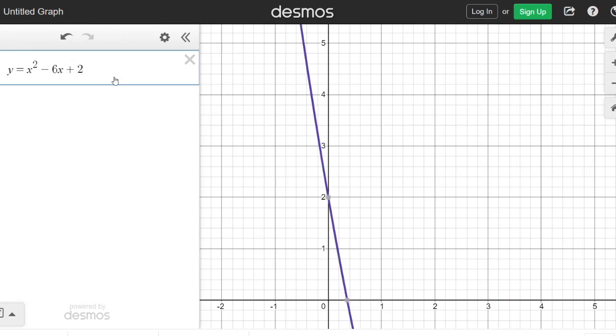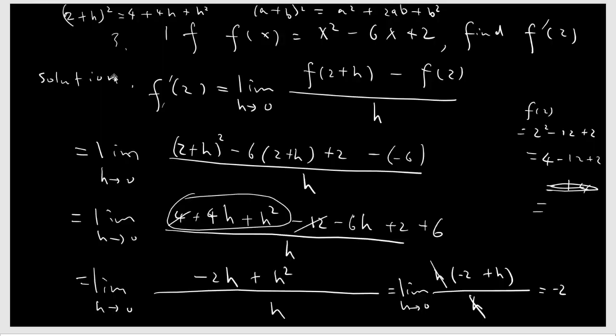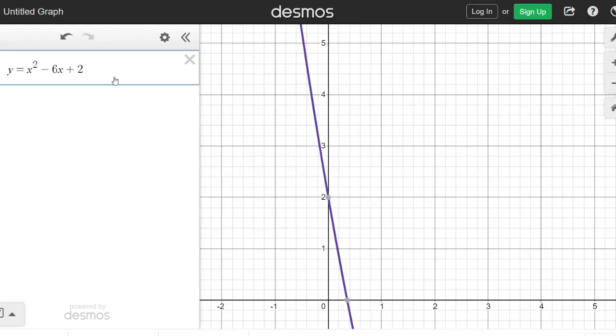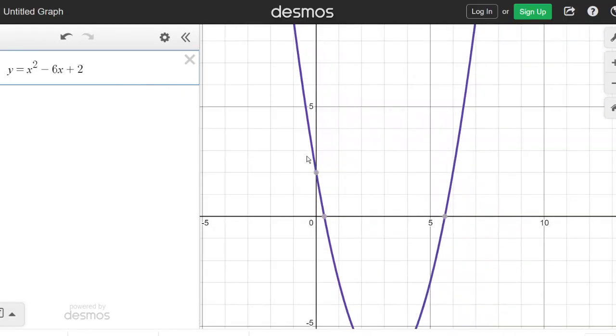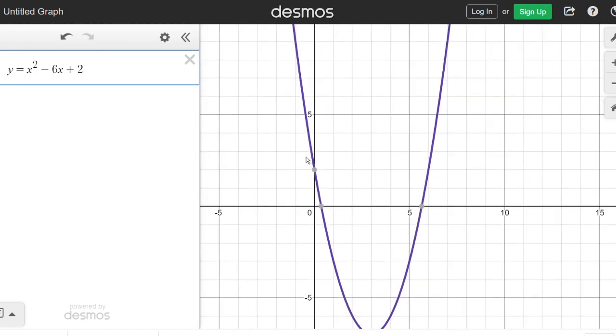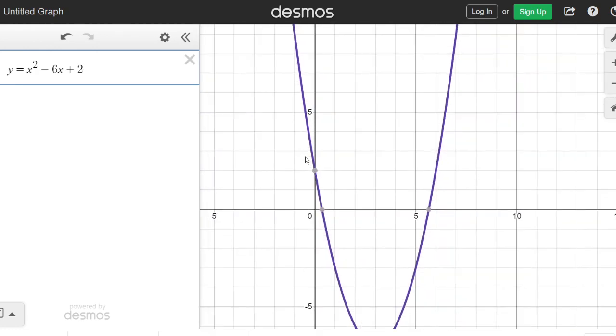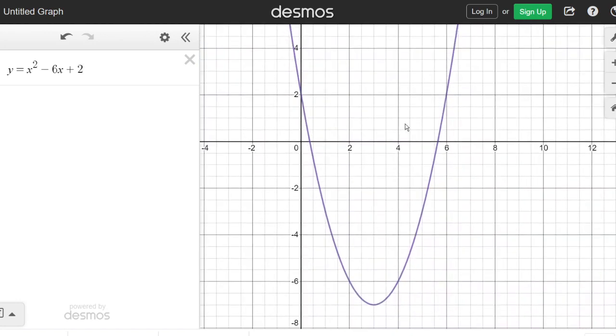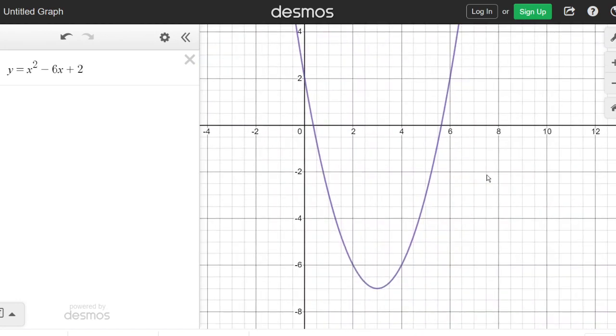So did I get the function right? So that's a parabola, kind of like that. You see the function, the value of the function at 2 is -6, as you told me earlier, right?